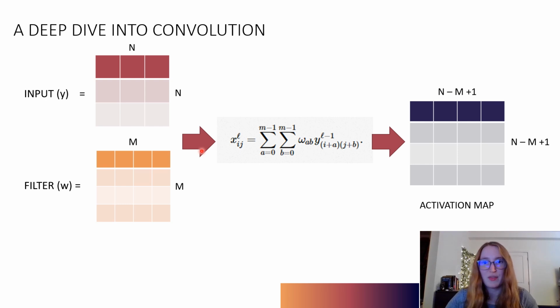Let's assume that the input layer contains data in an n by n matrix. Now let's assume that the filter to be applied, let's call this W, is of size m by m. In this layer, the following operation is conducted.